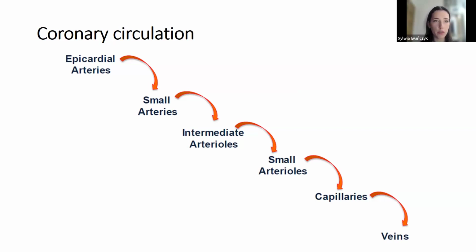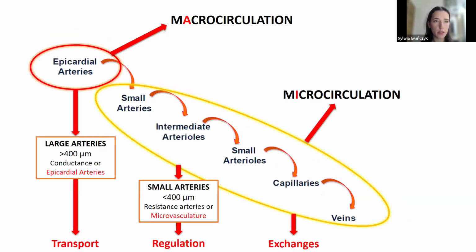So we have epicardial arteries, but we have to remember that we also have the small arteries, intermediate arterioles, small arterioles, capillaries, and veins. And epicardial arteries are generally only a small part of the coronary circulation.